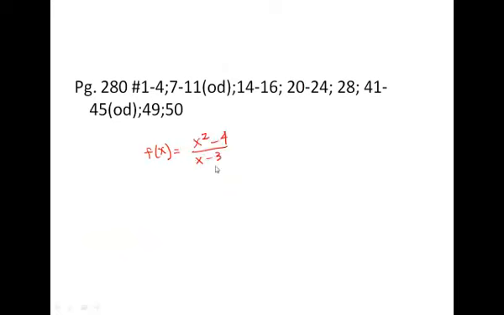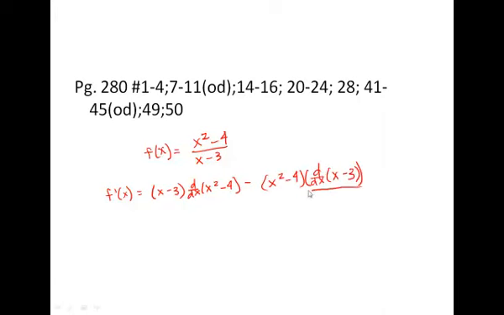Which states this. So low d high, we're going to find the derivative of this. I am not going to derive anything, I'm just going to set things up. I want my low, d high, minus high, d low, all over low squared. A little bit of a mess, but we can simplify these. Keep in mind that I haven't derived anything, I'm just setting up what we need to do.